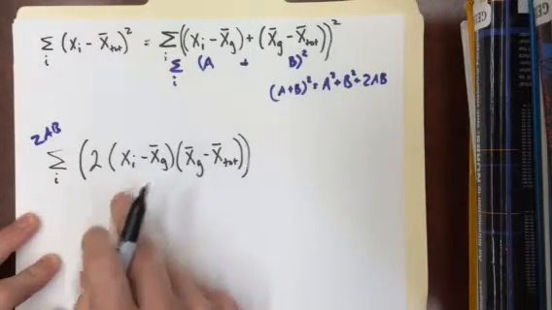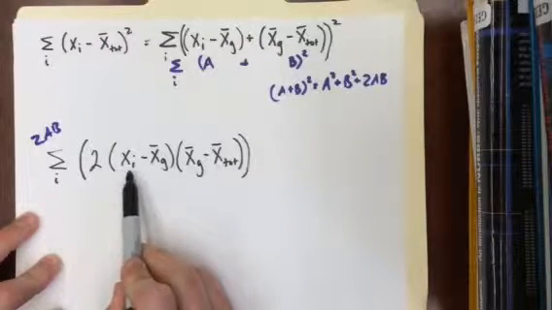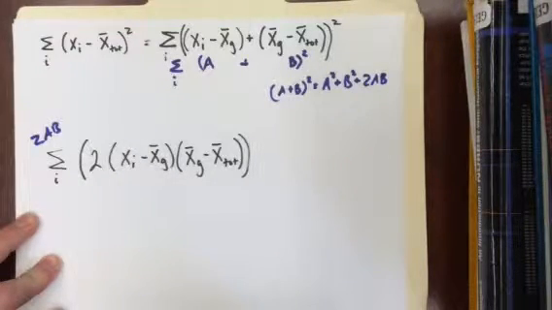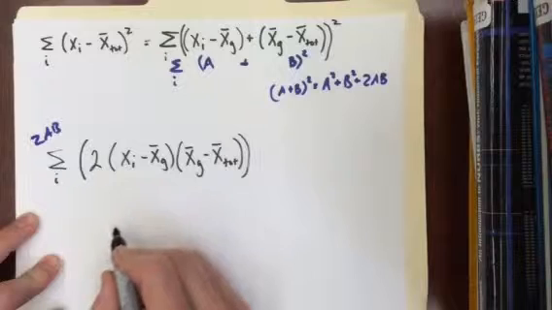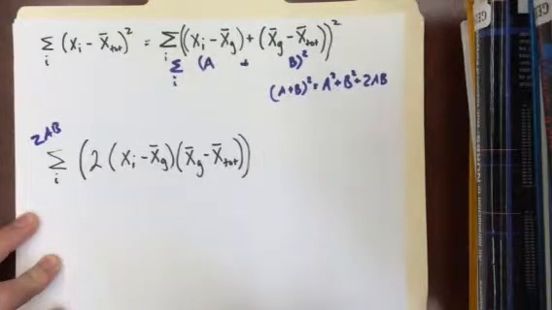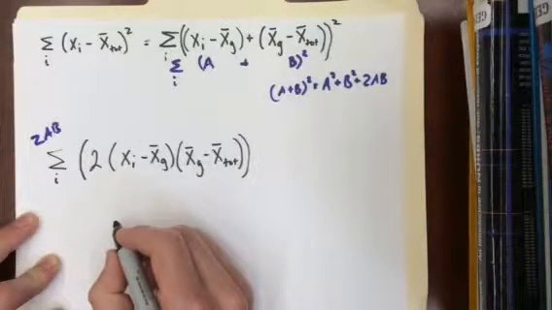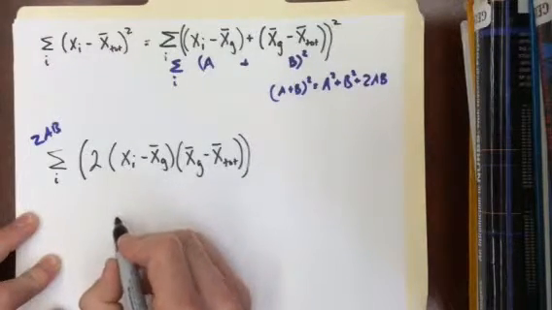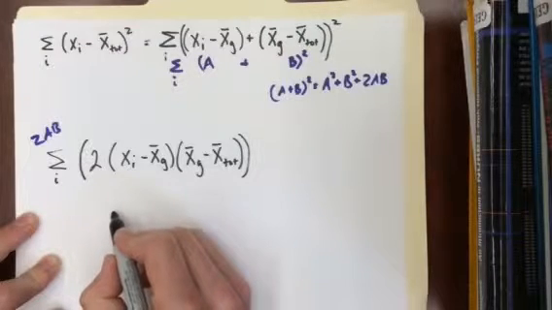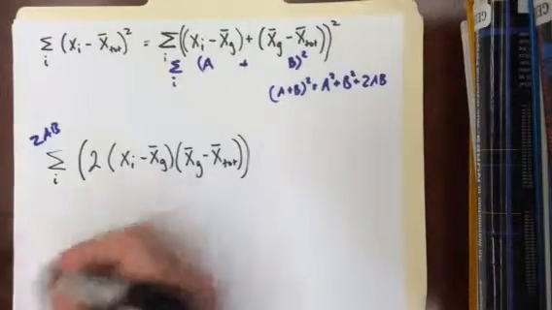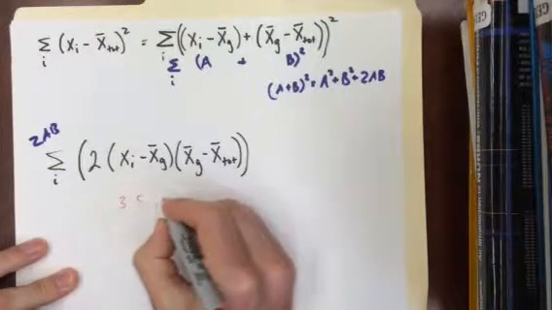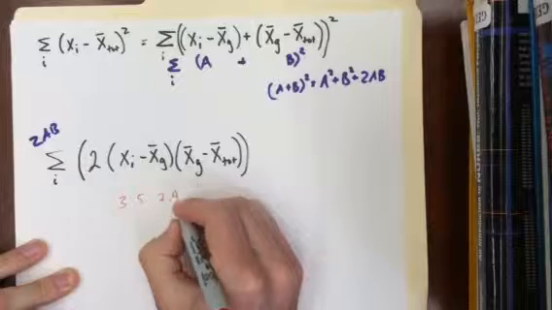So if you have one specific group, then notice that this xi minus x, we want to focus on what is xi minus the mean of that group. So if you have a bunch of data points in a particular group, well, maybe the best way to do this is with an example. Let's say we have a bunch of data points in a group, and just for the sake of example, let's say those data points are 3, 5, 7, and 9.